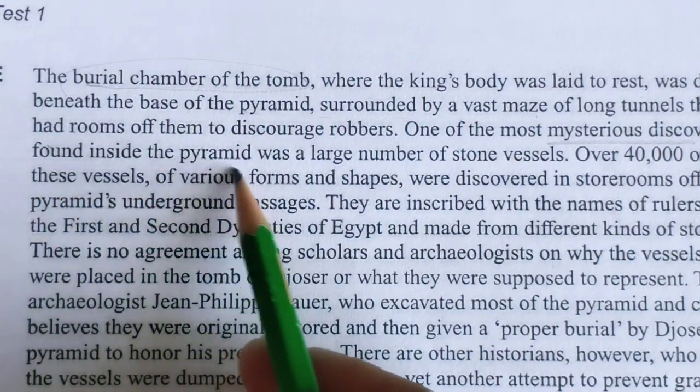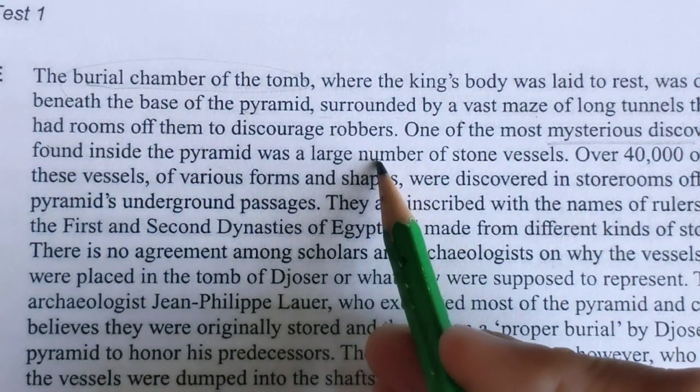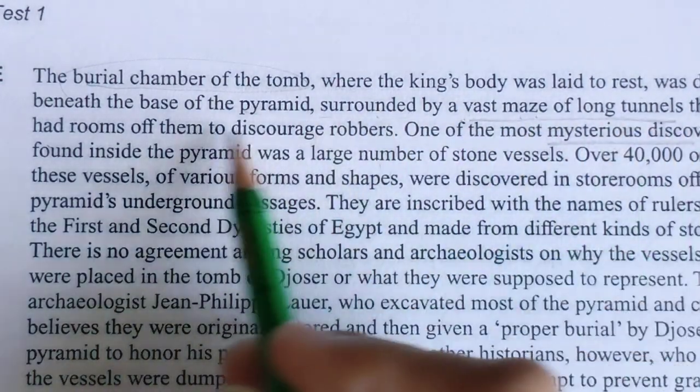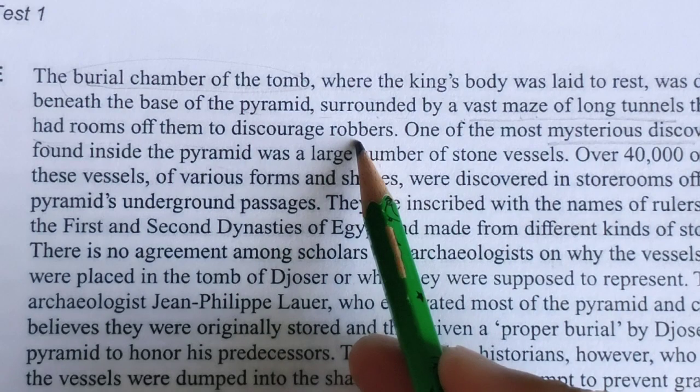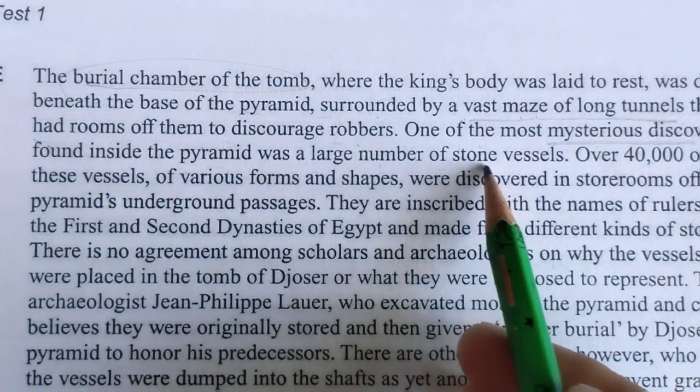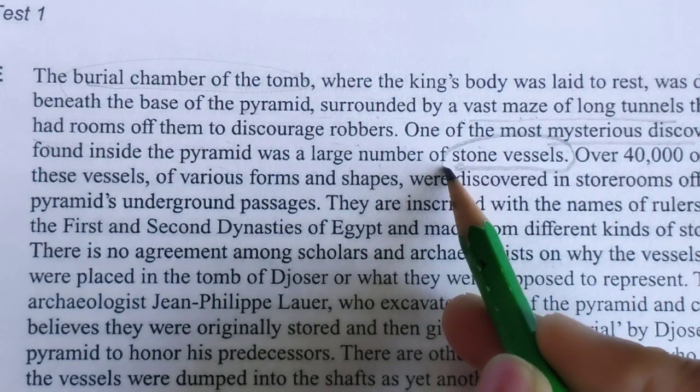Let's read one or two sentences and then the last sentence. Surrounded by a vast maze of long tunnels and had rooms to discourage robbers. One of the most mysterious discoveries found inside the pyramid was a large number of stone vessels.